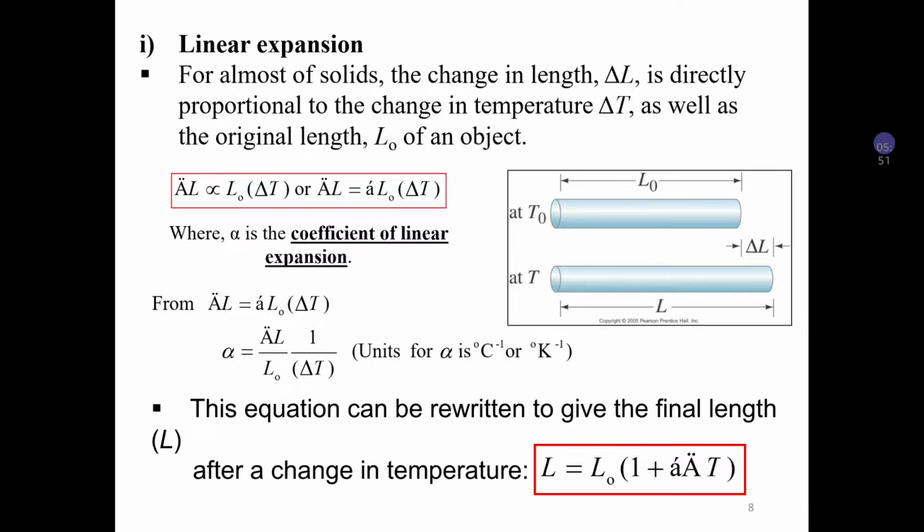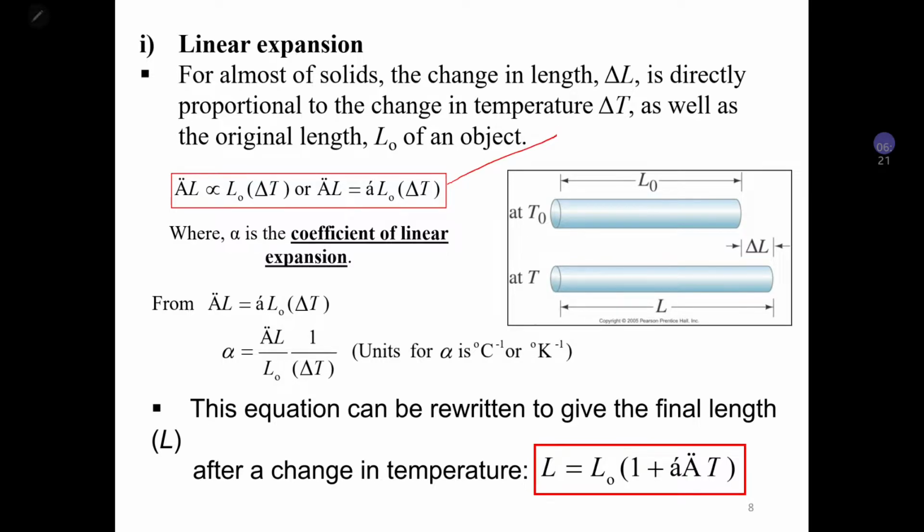So when there is a change in temperature, or we increase the temperature, there will be a change in length of an object, which is directly proportional to the temperature. When your temperature is increased, the length will also be increased.